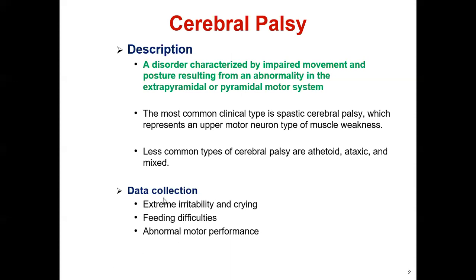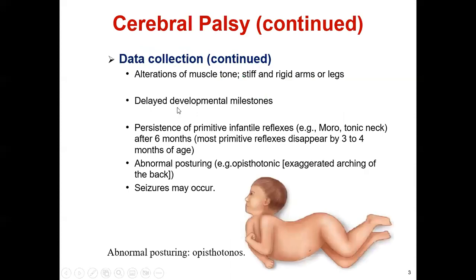What are the signs and symptoms or data collection? Extreme irritability and crying, feeding difficulties, abnormal motor performance. What else? Altered muscle tone, or stiff and rigid arms and legs. So you see the rigid and stiff, abnormal curvature, delayed developmental milestones.